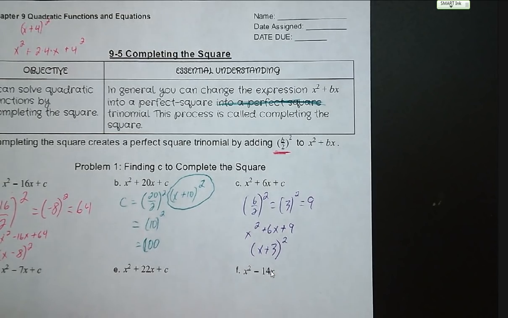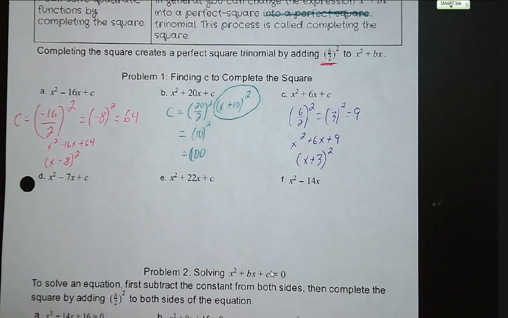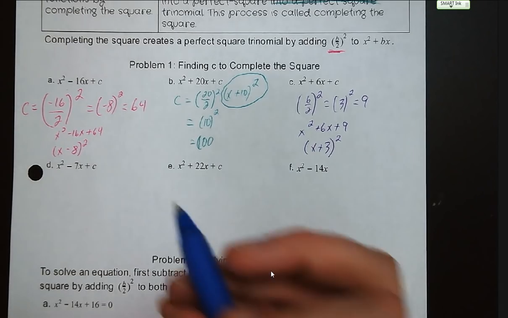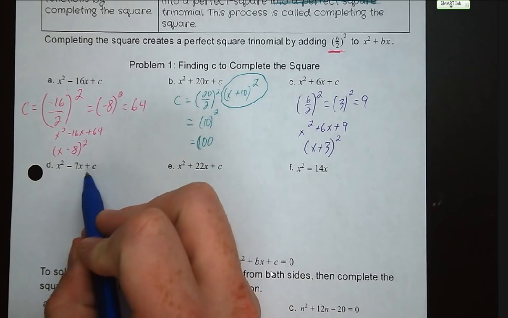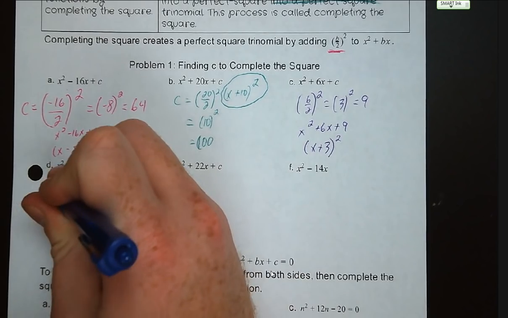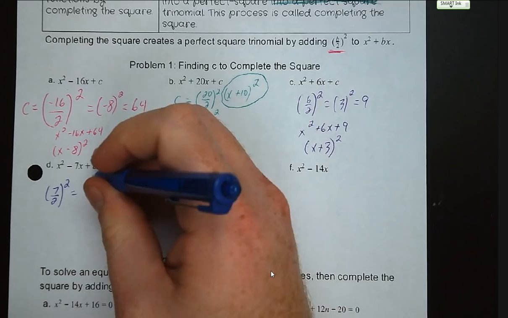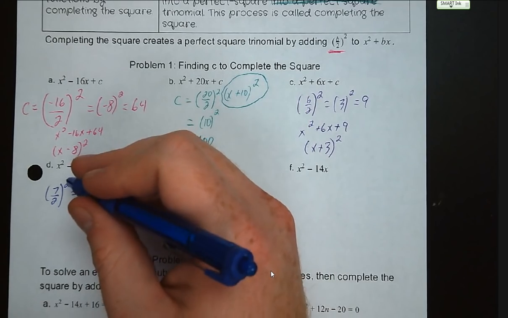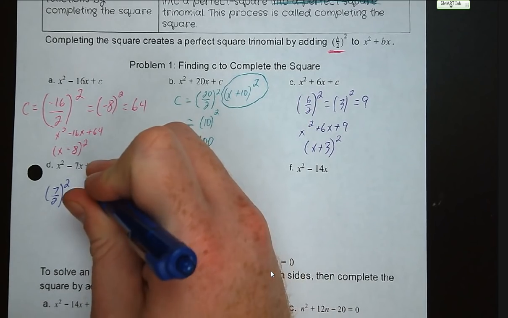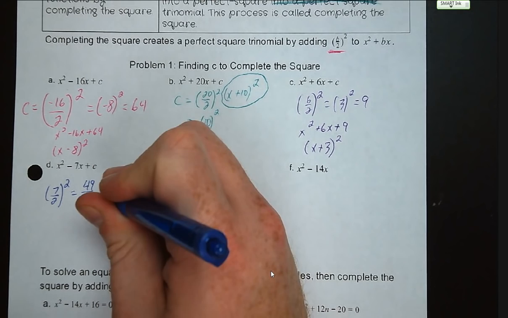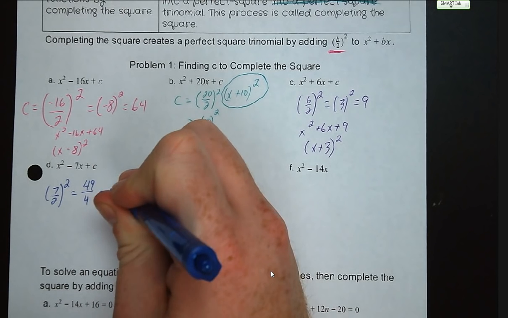I want you guys to try letters D, E, and F on your own, and then I will go over them. So letter D, we have x squared minus 7x plus c, so we do 7 over 2 squared, which we'll leave as a fraction and square. So that's 49 over 4, which if we wrote it as a decimal would be 12.25.